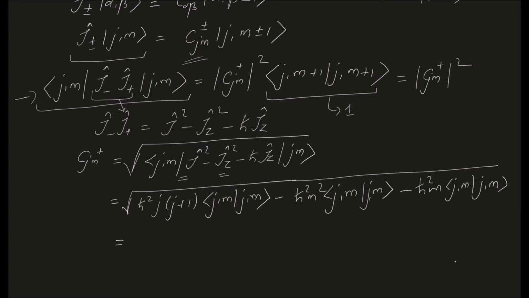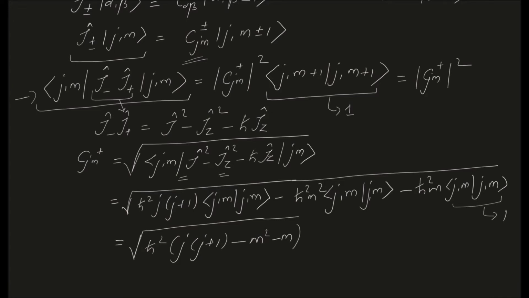This is equal to the square root of h cross square, taken in common, times j into j plus 1 minus m square minus m, because all these states are normalized and those terms are 1.